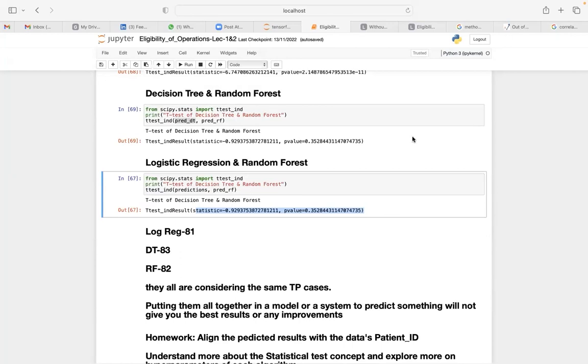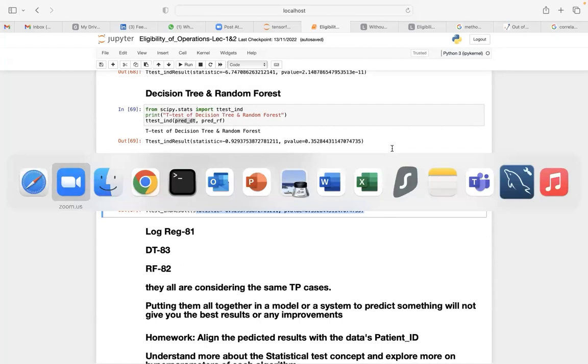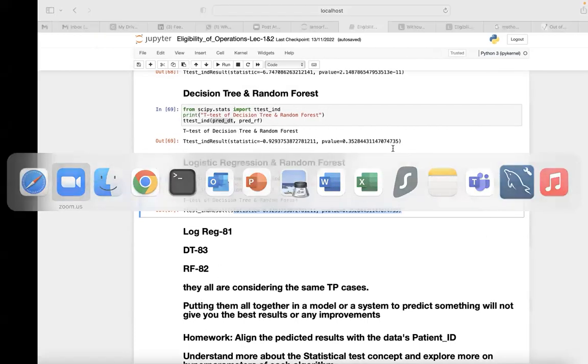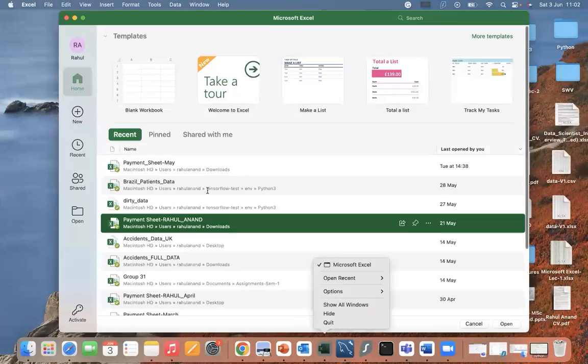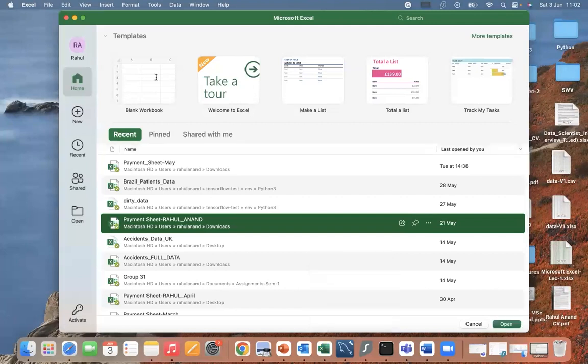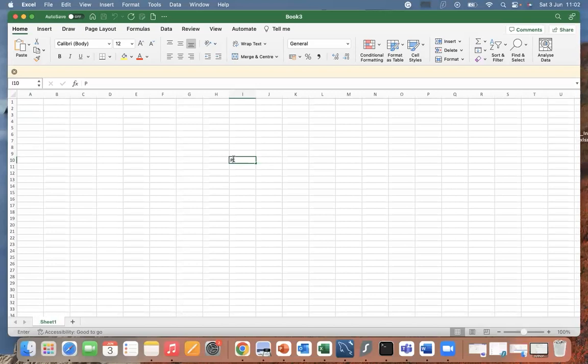Suppose in an Excel sheet I want to show this is a patient ID, and I have the blood condition in 2017, and until 2021 we have data, suppose.